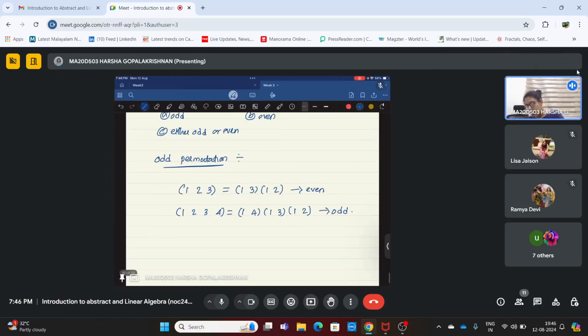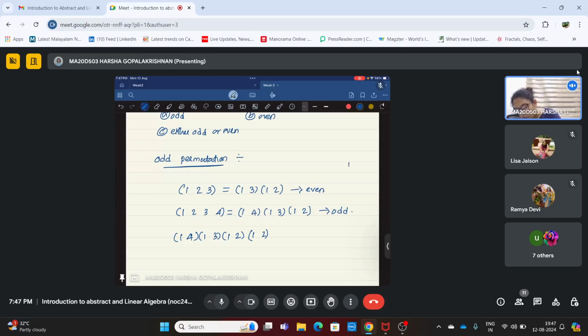So, for example, what we can see here is, sorry. Here this one is an odd permutation. Second one is an odd permutation. Okay. Now, to get the identity from (1 4)(1 3)(1 2), what I can do with (1 2), if I am again multiplying (1 2), what I will get (1 2)(1 2).